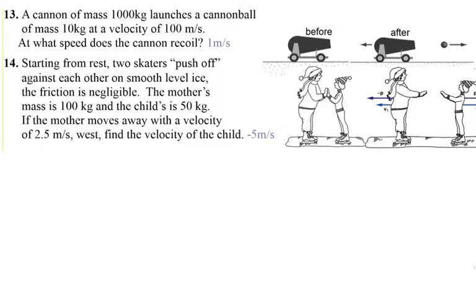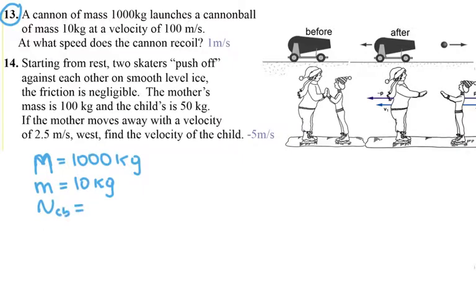So here is number 13. A cannon is given a mass of 1,000 kilograms, and the cannonball is a little mass of 10 kilograms. The cannonball launches at a velocity of 100 meters per second.